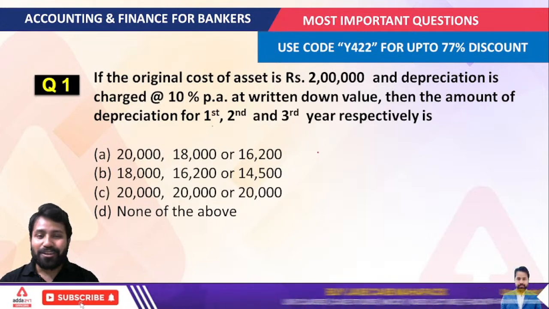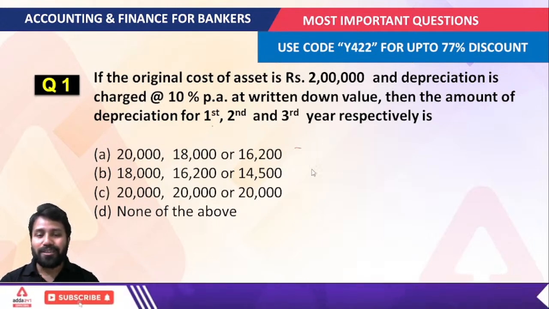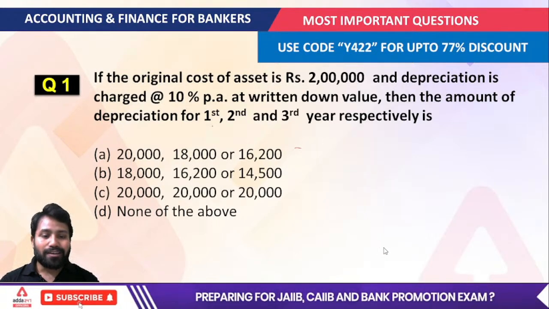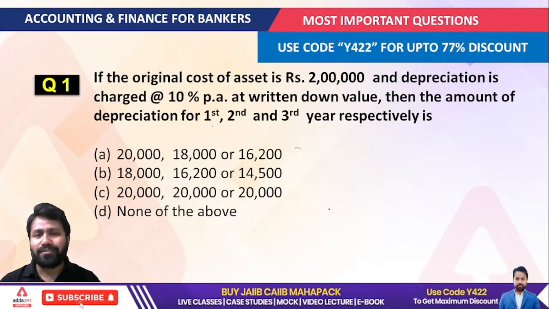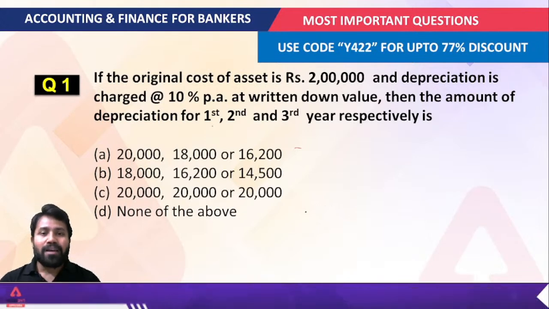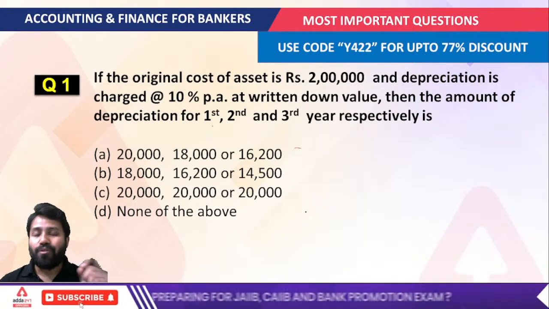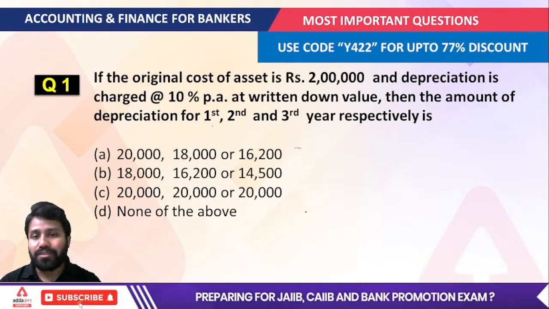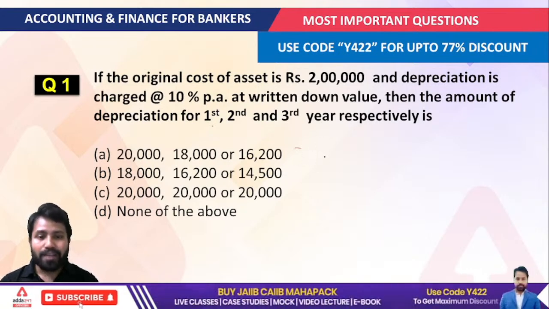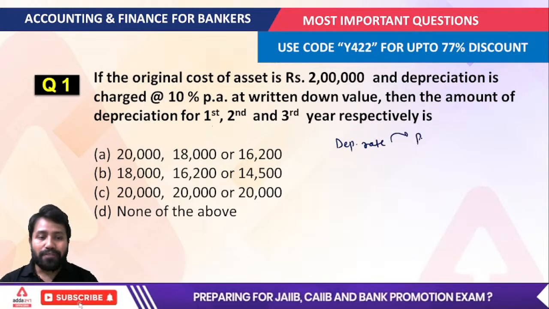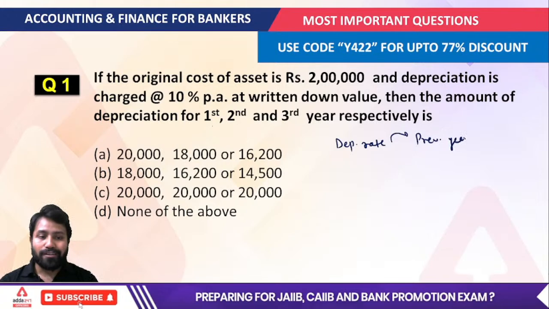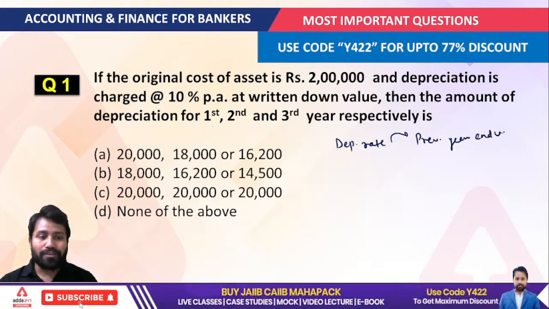The only concept you have to understand in the written down value method, the reducing balance method, the diminishing balance method, the declining balance method, is that the depreciation rate is always applied on the previous year end value. So the depreciation rate is applied on the previous year end value.